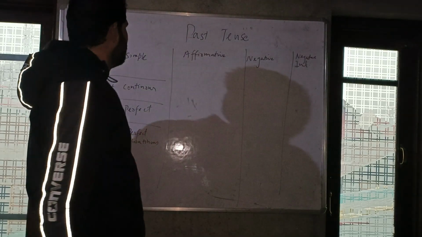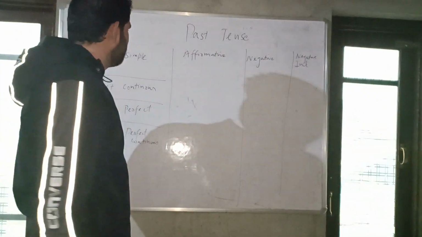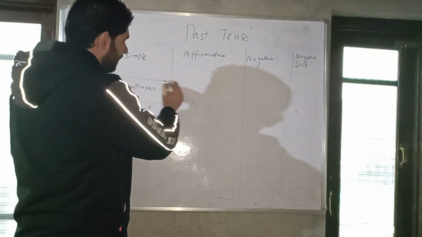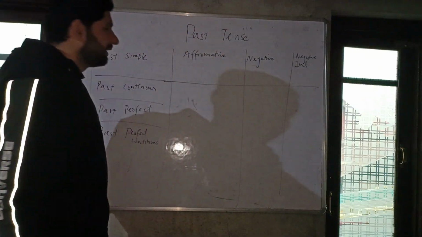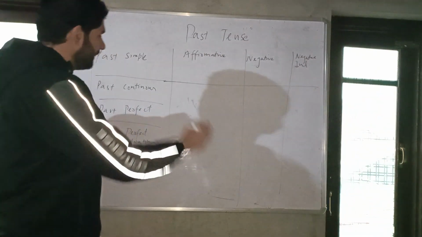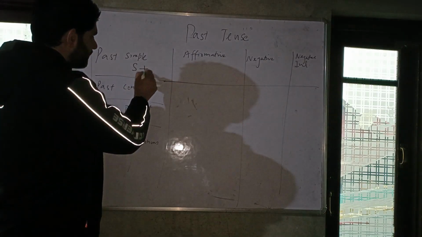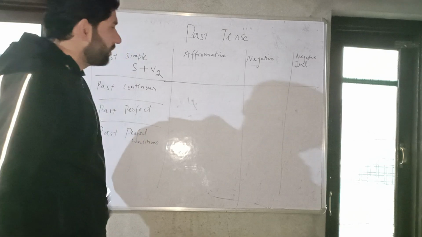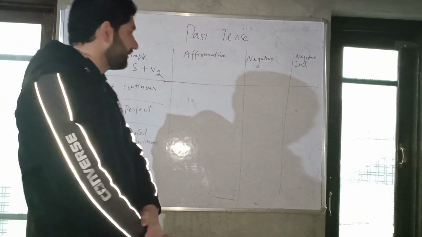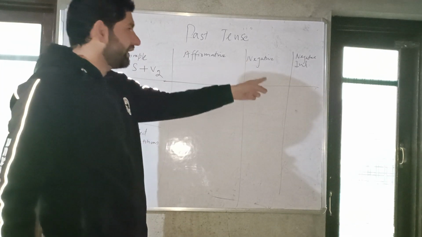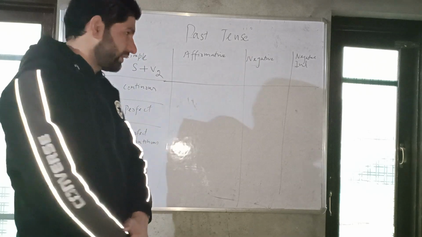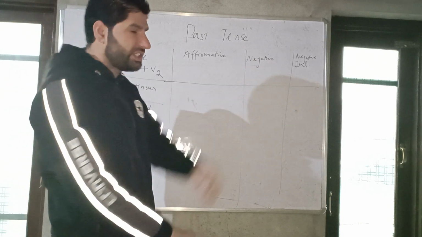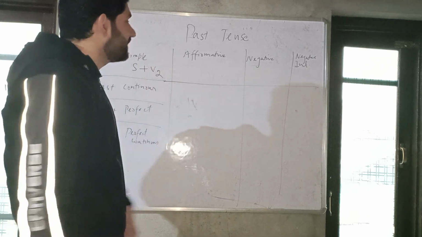Okay, so in past simple or past indefinite tense, what should the structure be? It is S plus V2, but this V2 is used only in case of affirmative. We do not use it with negative, we do not use it with negative interrogative. There we use the first form of the verb, and I will tell you the reason why.